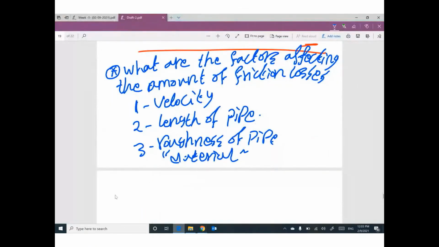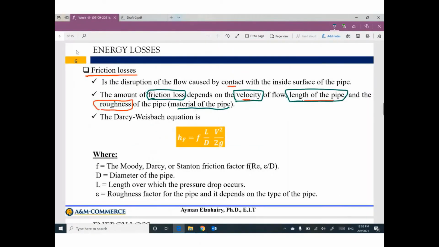If you would like to calculate the amount of friction losses, we need to use the Darcy equation. This equation: HF, which is friction losses, equals F times L divided by D times V squared divided by 2G. D is the diameter of the pipe.